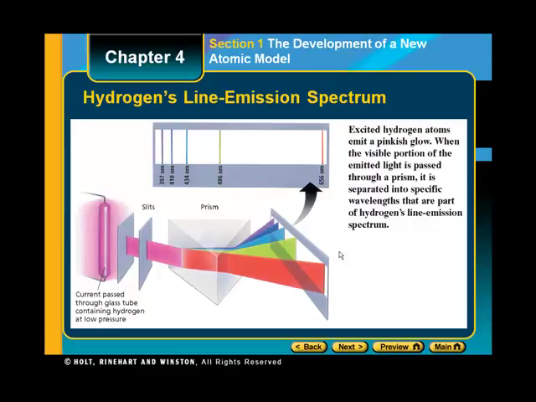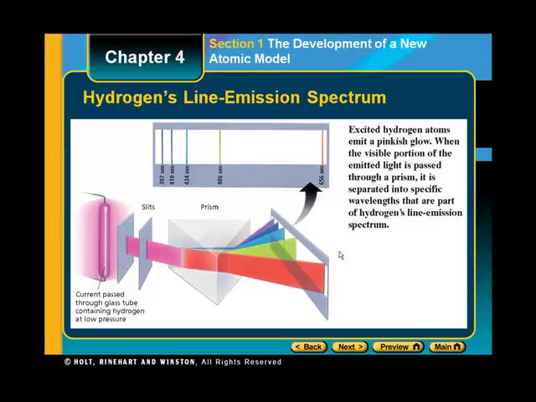When that light was polarized, or put all in one direction, and then shown through a prism, the light was broken into its constituent parts, its different wavelengths, and every time they did this, they got the same set of wavelengths for hydrogen. What they later found out is that every atom will give a specific type of emission spectrum, and it'll be the same every time.